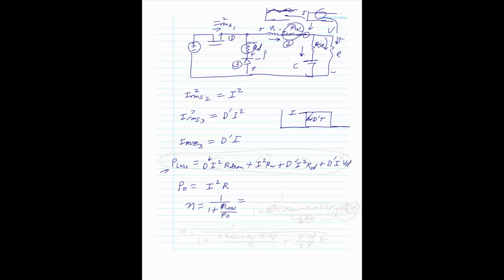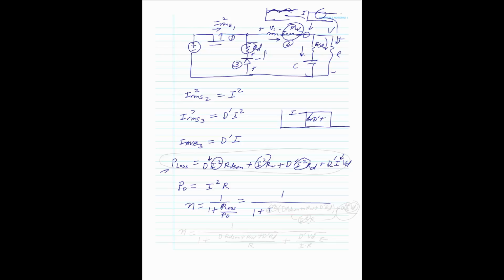Now we can plug and chug. This is 1 over 1 plus the individual ones. I could pull out an I squared here, but I've got to be careful. There's an I squared here, so we have to bring that separate.